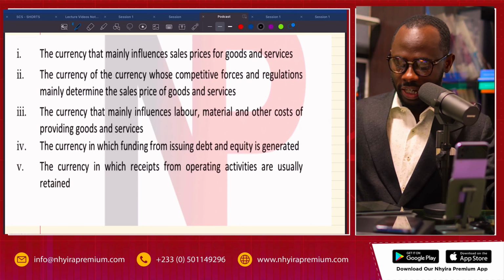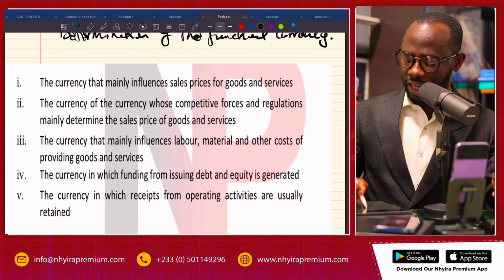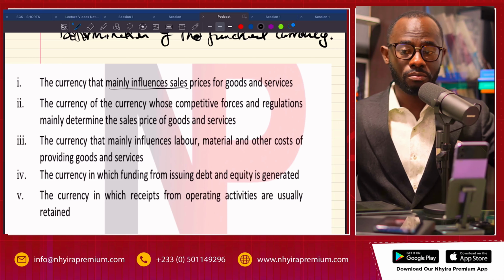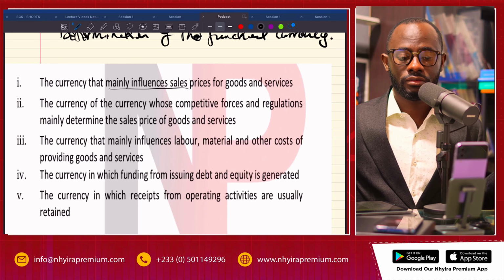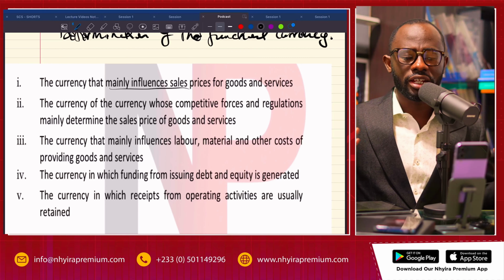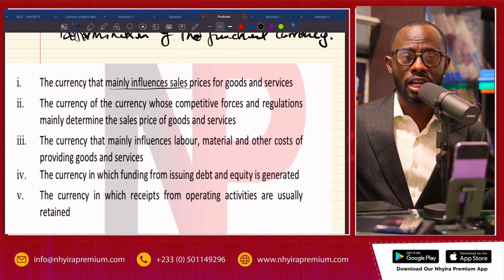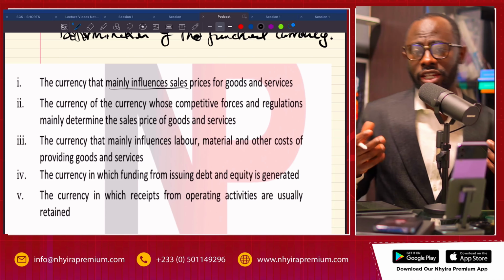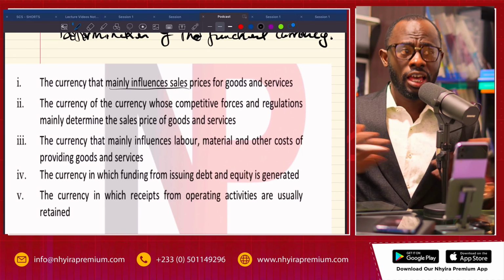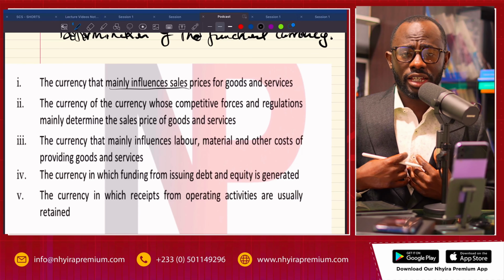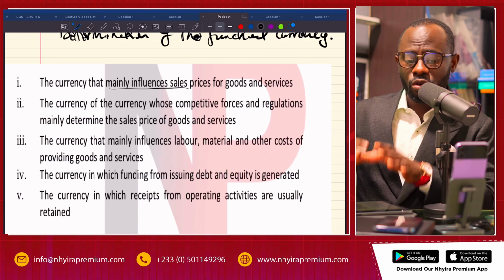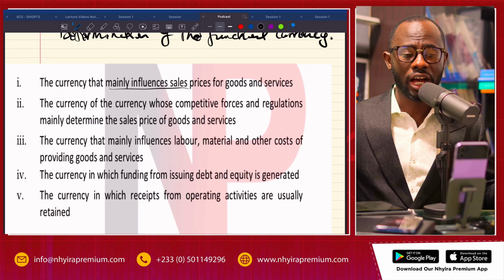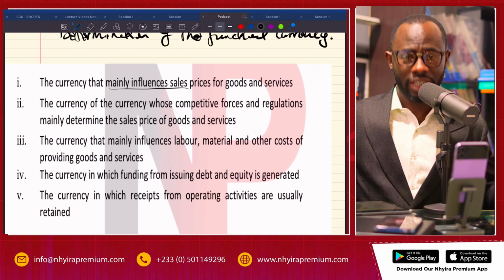One, the currency that mainly influences sales prices for goods and services. The reason why we need to understand this well is because sometimes the entity will be trading in multiple currencies. So it is important we understand which of the multiple currencies the entity is trading in will be used to report or account for the transactions in their books.